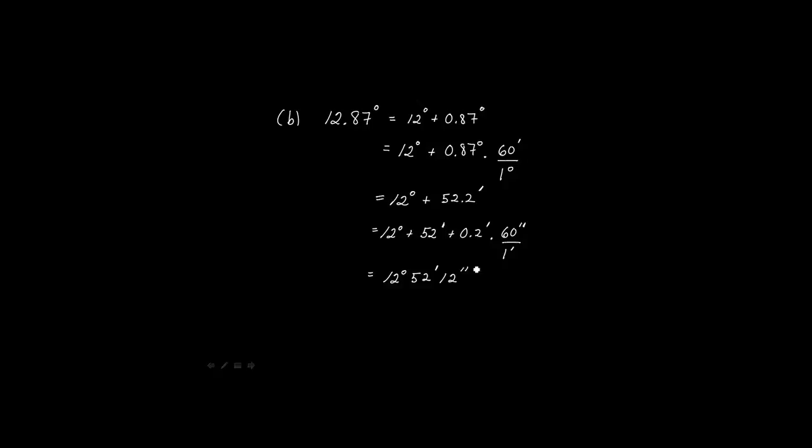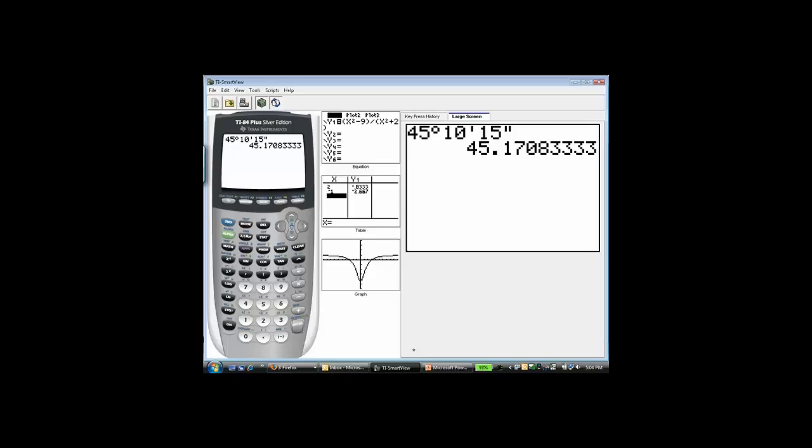But there's an easier way to do it. Want to see it on your calculator? Back to the calculator. You're going to type in, what was the angle? 12.87.